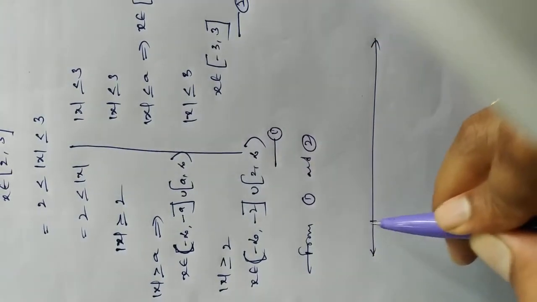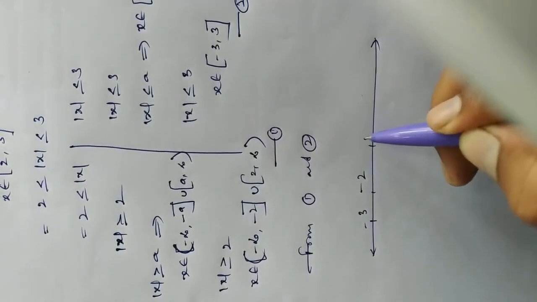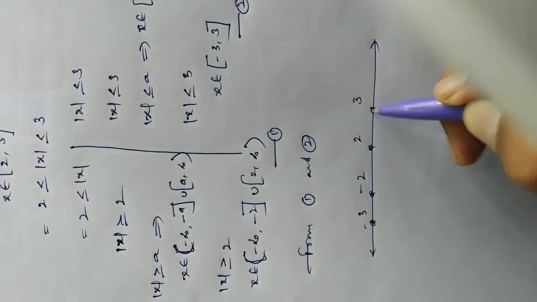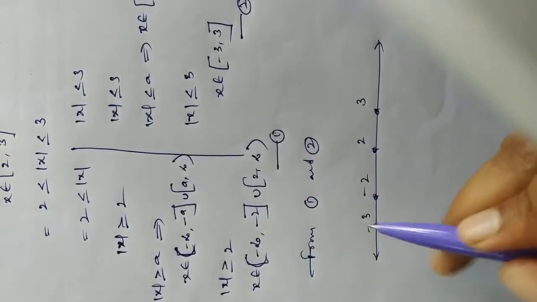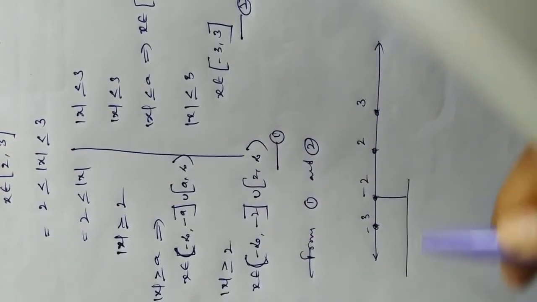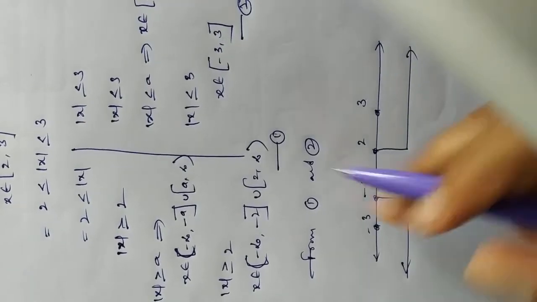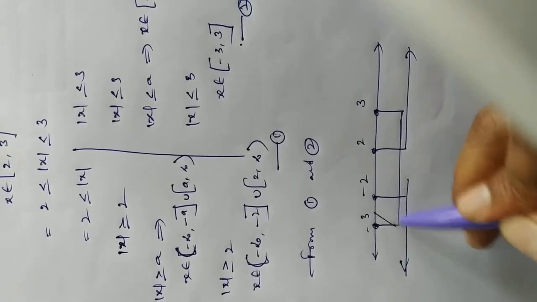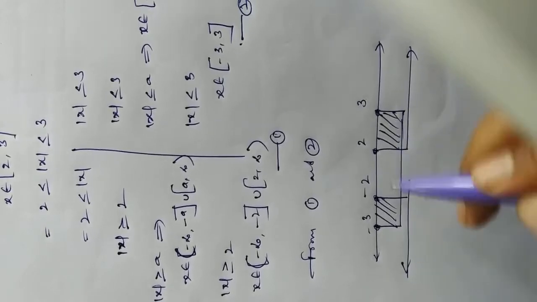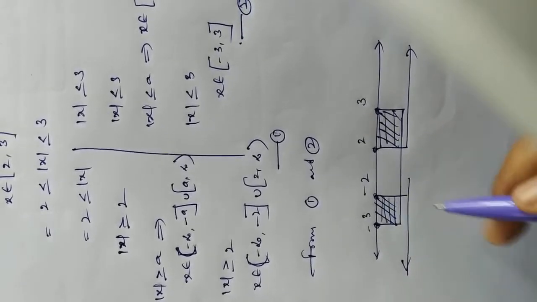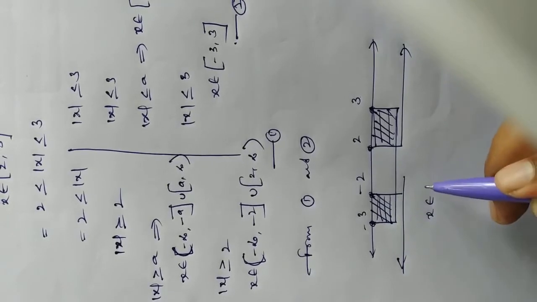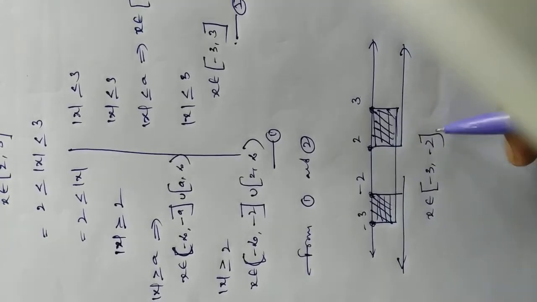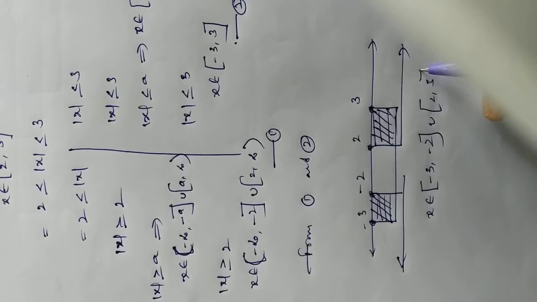Take the values minus 3, minus 2, plus 2 and plus 3. These values are all included. From 1, x values are minus infinity to minus 2 and 2 to infinity. From 2, x values are minus 3 to 3. So the combined values are those common to both intervals. The solution of this one is x belongs to closed minus 3 comma minus 2 union 2 comma 3.